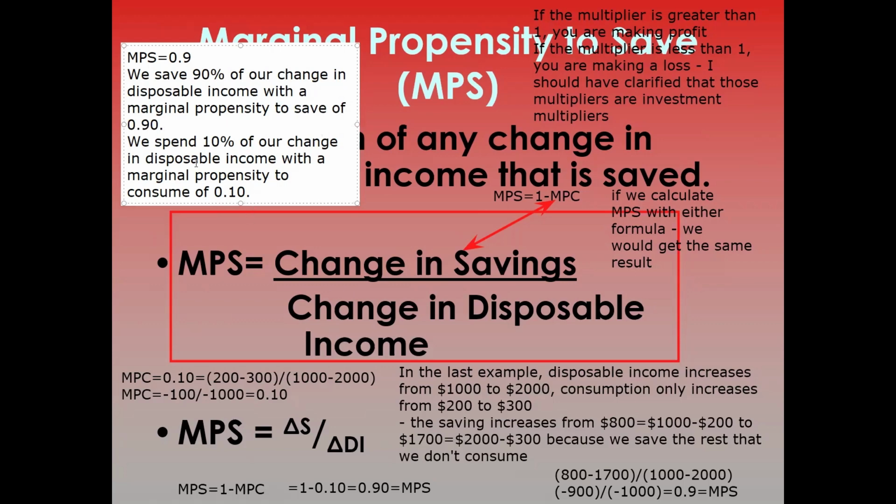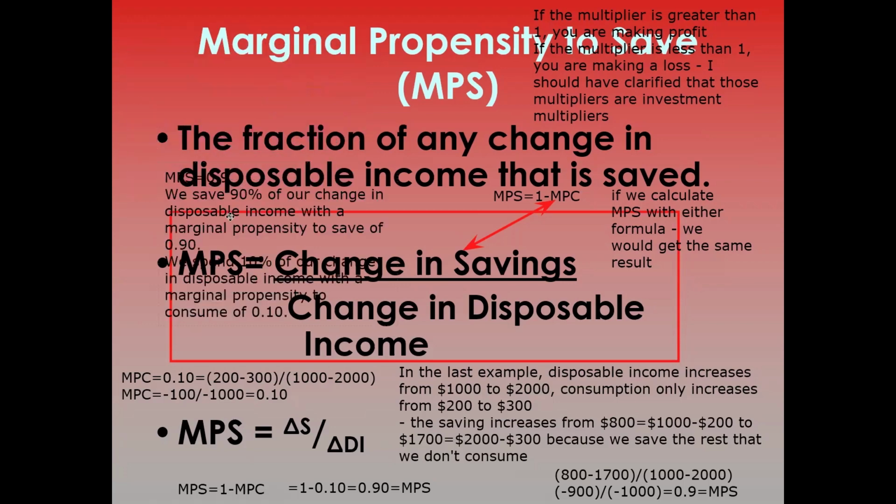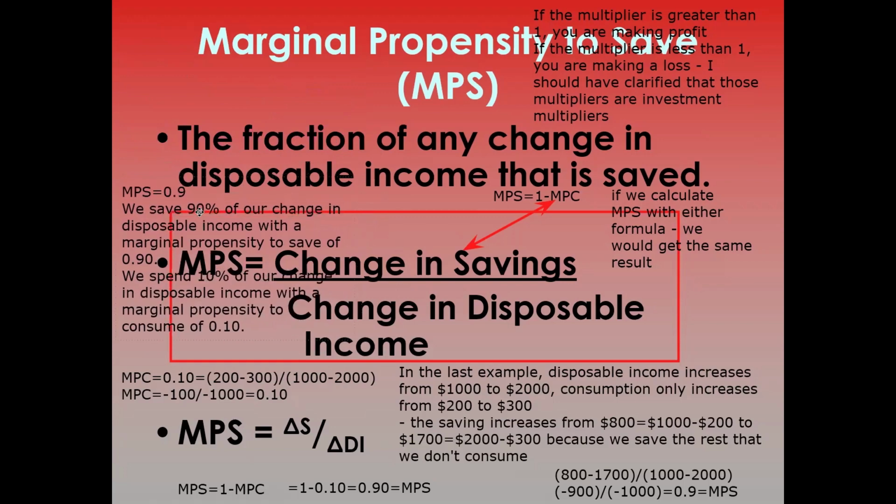So yeah, like I said, this is all we really need to know for the course, just the interpretation. But like I said, if you go further in economics, you will have to calculate it.